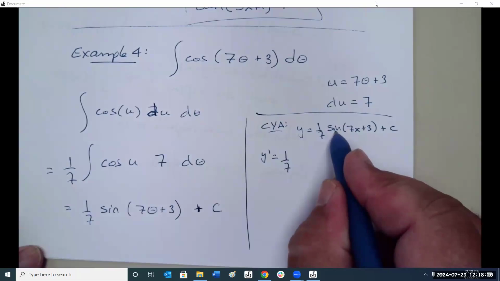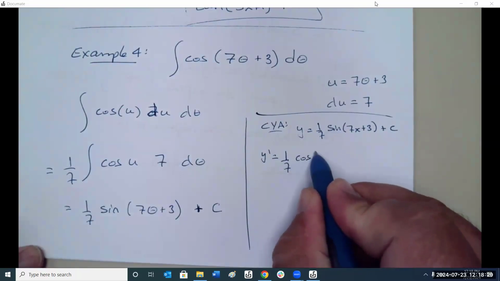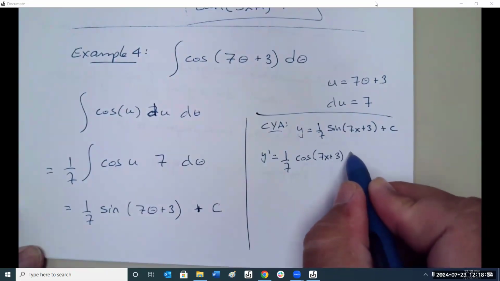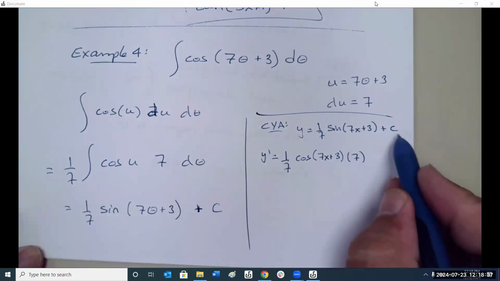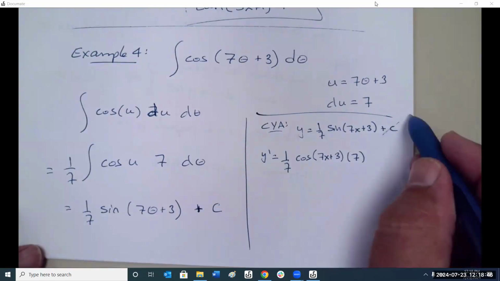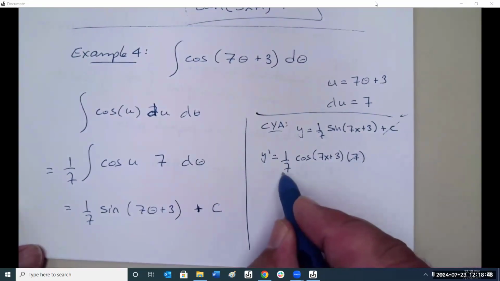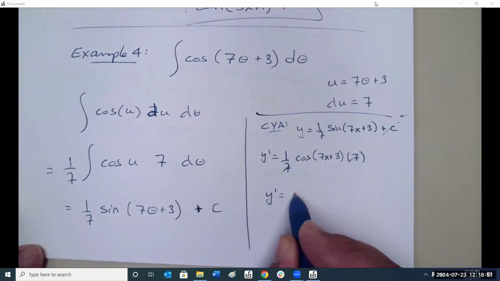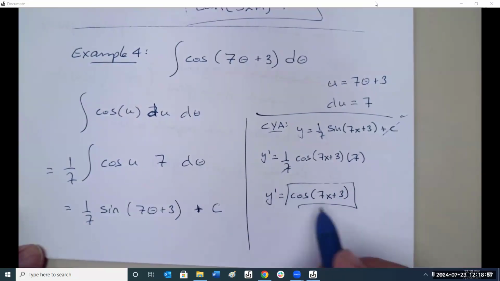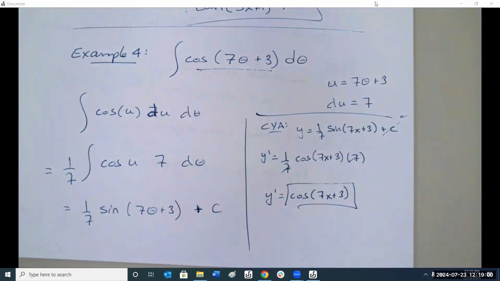The derivative of sine is cosine times the derivative of the inside. The derivative of the constant disappears, goes to 0. The 7s cancel. So my y prime is cosine of 7x plus 3. This matches the original integrand. So that's how you test it. Whatever your answer is, take the derivative of it. If you end up with the question, then you're done.